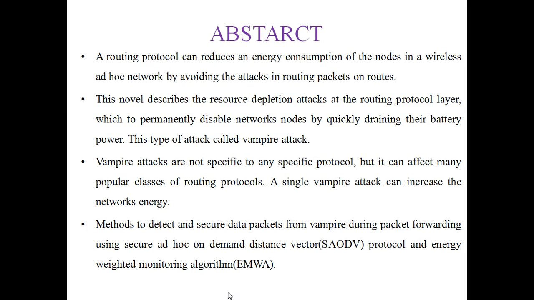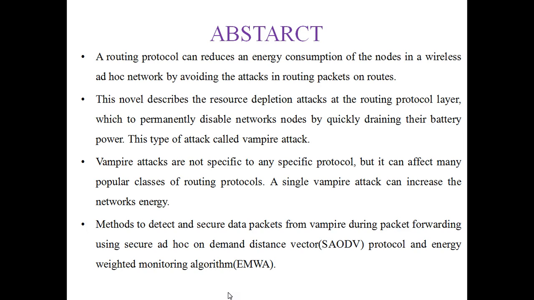The main objective of my project is to reduce the energy usage in packet forwarding by avoiding the vampire attack. When transferring a packet from source to destination in a wireless network, attackers may occur. One type of attack is the vampire attack, which I am going to discuss in my project.